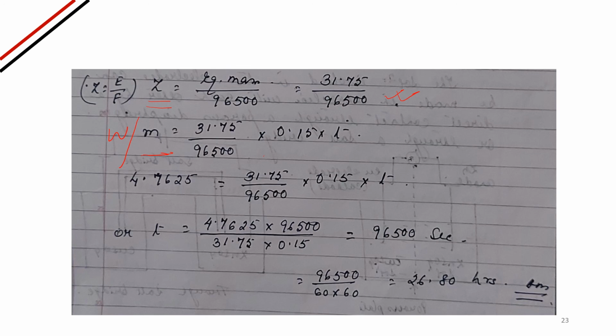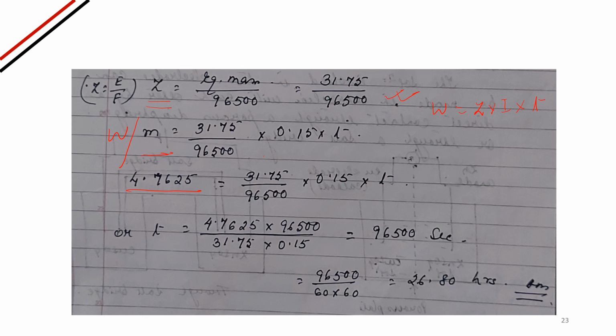So the formula is W is equal to Z into I into T. The value of Z is 31.75 by 96500, into I, which is given as 0.15, into T. T we don't know, so calculate the value of T from here. The mass we have already got, that is 4.7625.